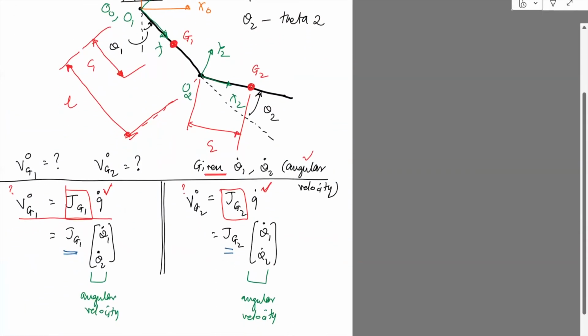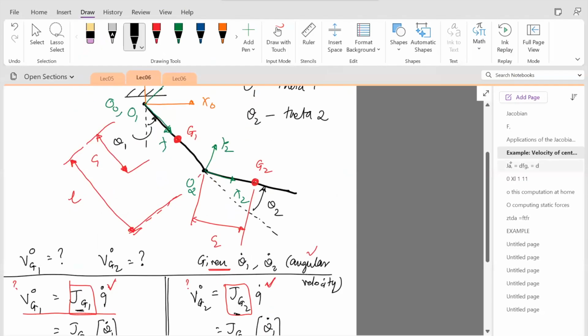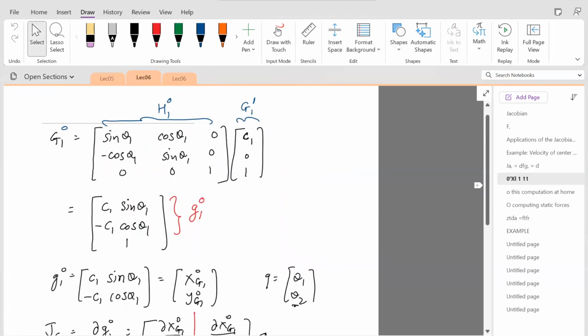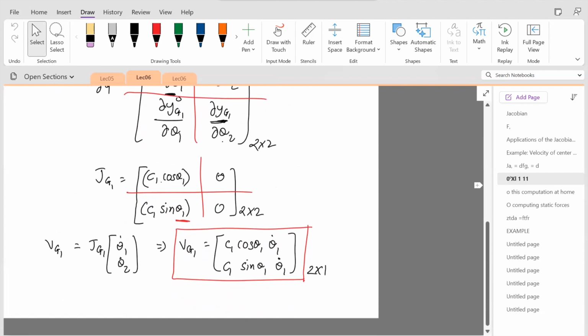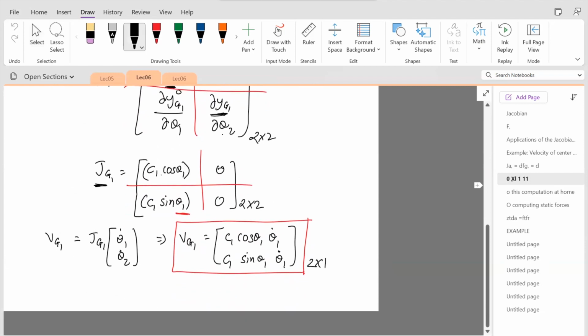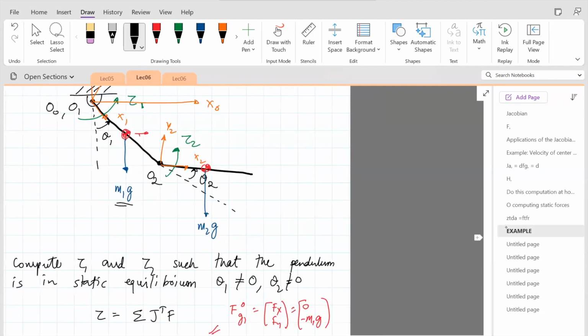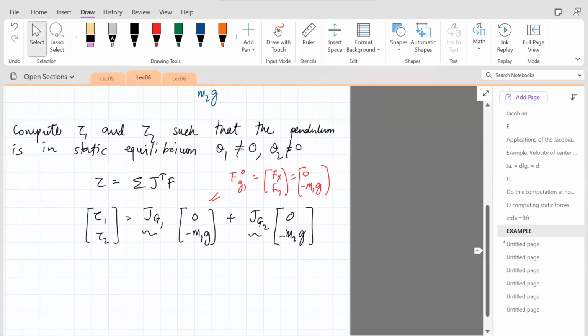So this was a problem. We tried to compute Jg1 and Jg2. The answer came out to be here. So this was Jg1. Just going to write that down. And then I told you you need to solve this yourself at home. This is essentially Jg2. Okay, so I'm just going to copy this there, just because I've done it before.